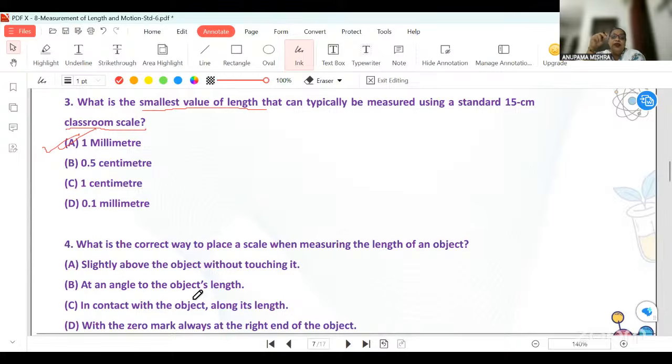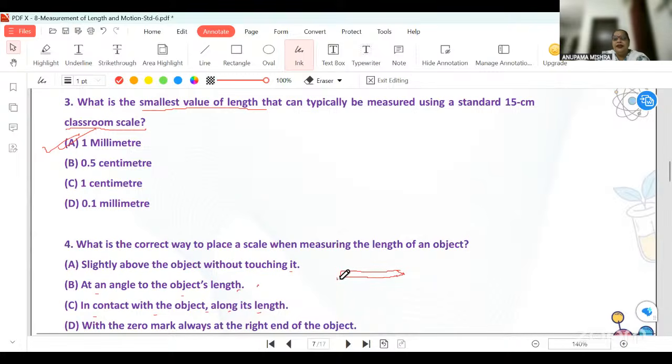What is the correct way to place a scale when measuring the length of an object? Suppose I have one pencil here, and it's starting from here. Okay, so what will I do?